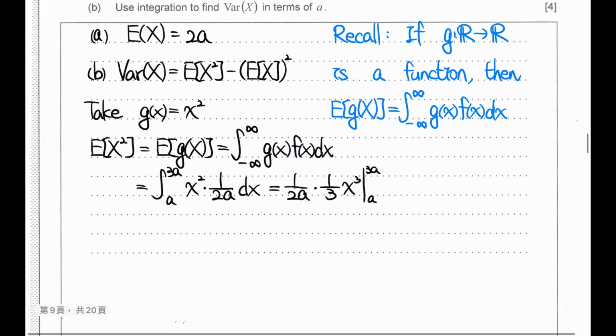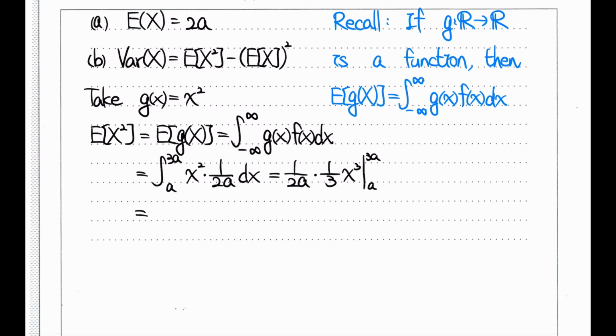Alright, so it is equal to 1 over 6a times 3a cubed minus a cubed, which is equal to 1 over 6a times 27a cubed minus 1a cubed.